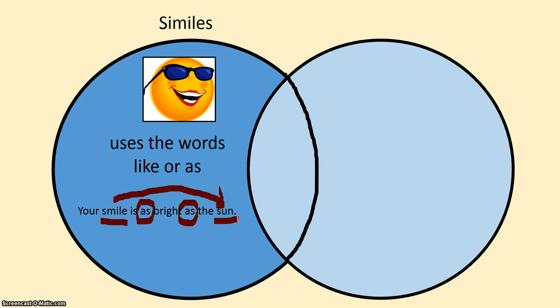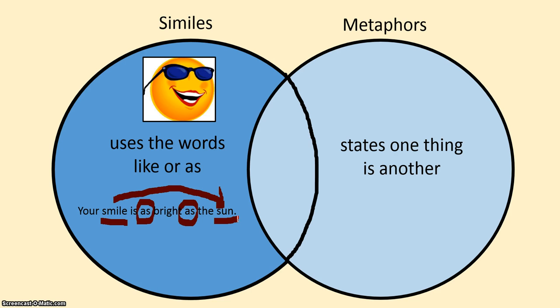Can you visualize your smile is as bright as the sun? Our next example is a metaphor. A metaphor states that one thing is another. In the example, the cloud is a fluffy pillow. Do you see two words being compared?